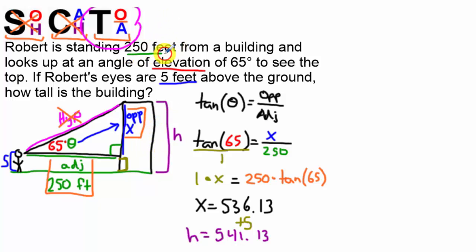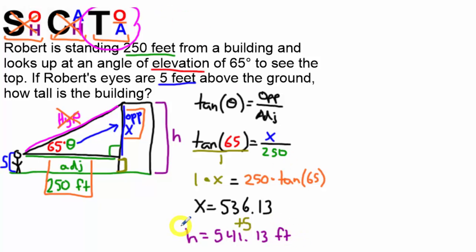Because our question tells us that the measurements are in feet. So I'm going to put that on my answer, 541 feet. And that is our answer. I do want to point out that this is the height of the total building, 541 feet.